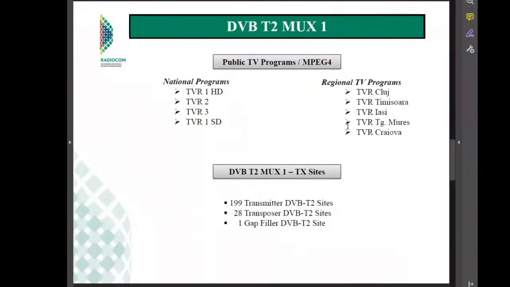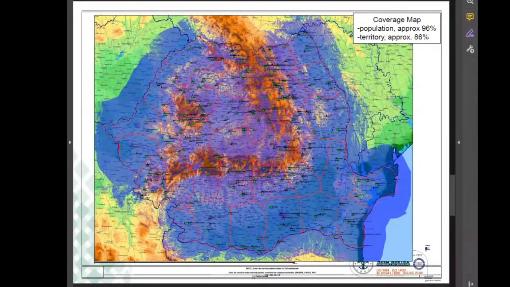We have 228 transmitter sites, which cover more than 96% of the population and 86% of our territory with free-to-air programs.